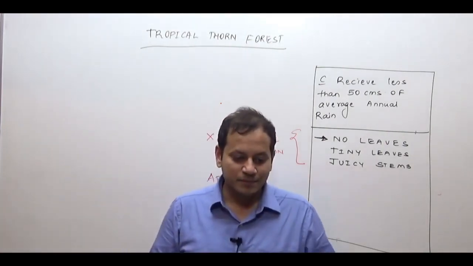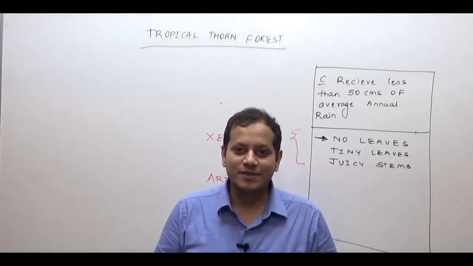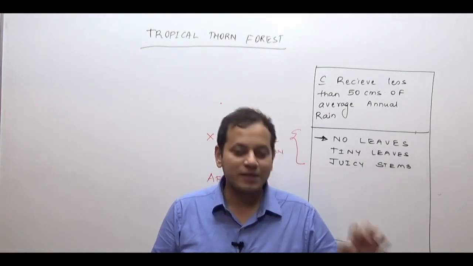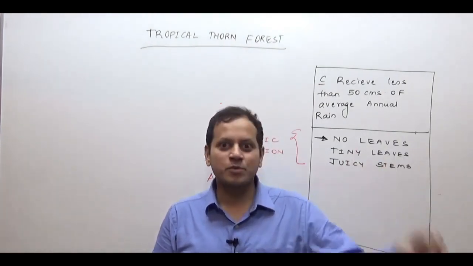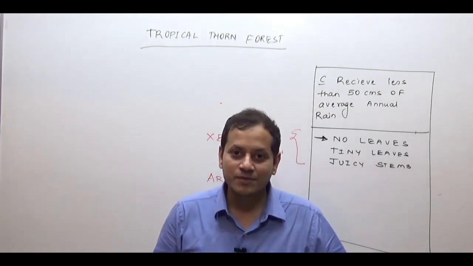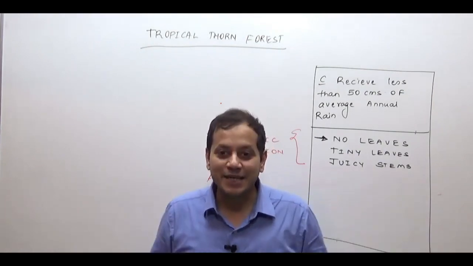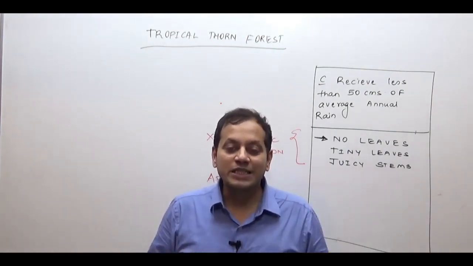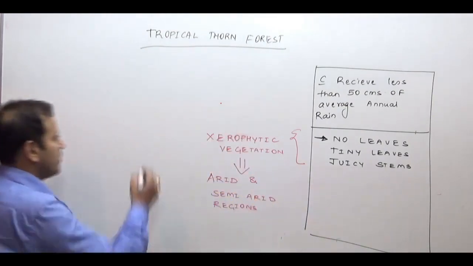Now tell me, what will be the important species? What is the most common dry fruit you have? Generally, we say that it is exported from the Arab regions. Dates. So where will be the date palm? It is a vegetation of a tropical thorn forest.